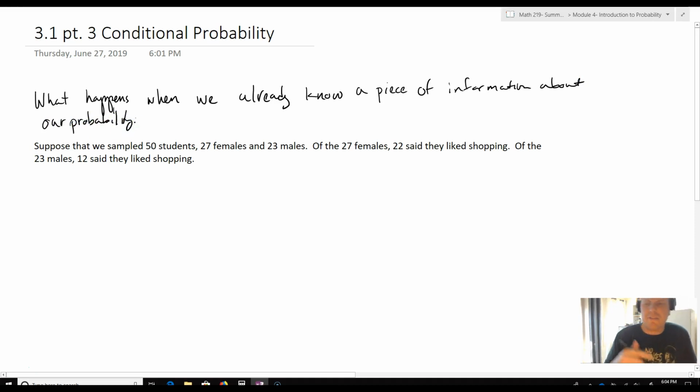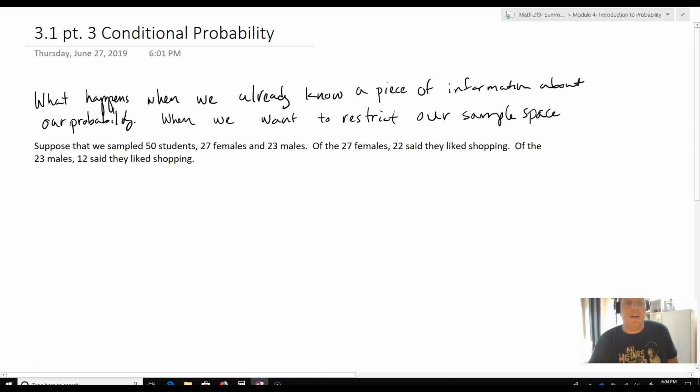And what it basically means from a mathematical standpoint is that we want to restrict our sample space. Okay? So let's look at an example of this, and then we'll see some ways to talk about conditional probability.